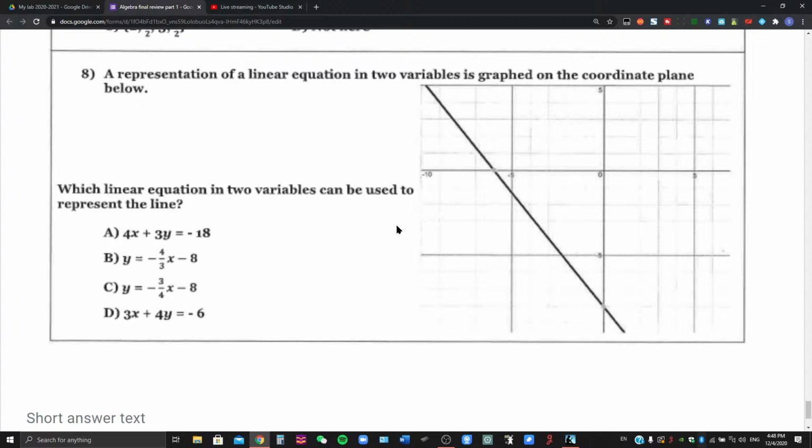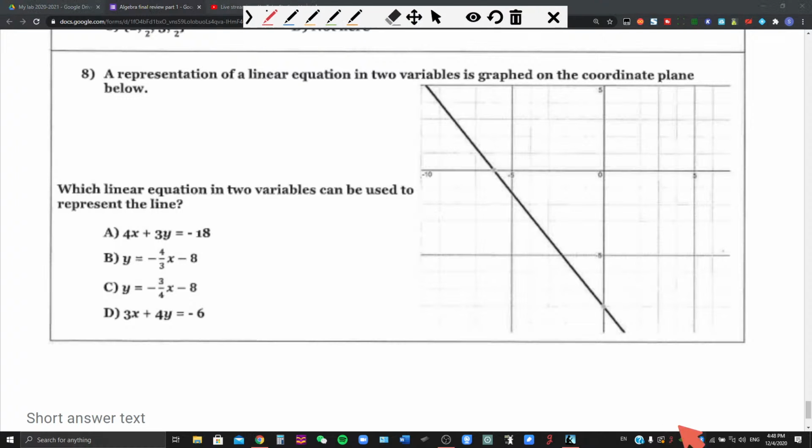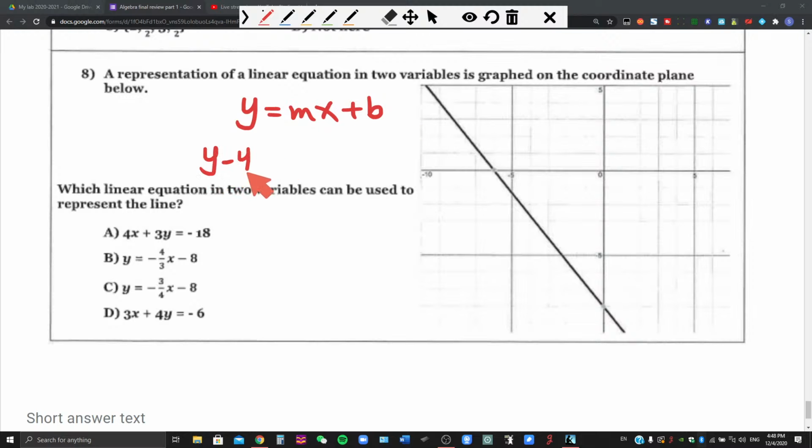We have two choices. Either we can use y equals mx plus b, that's the slope-intercept form, or we can use y subtract y1 equals m times x subtract x1, that's the point-slope form.